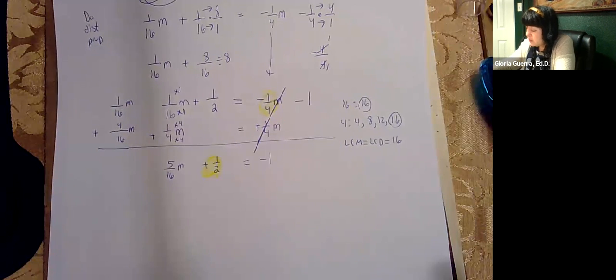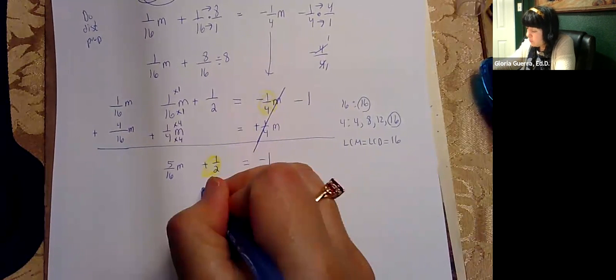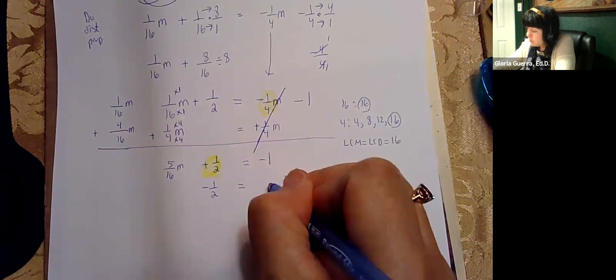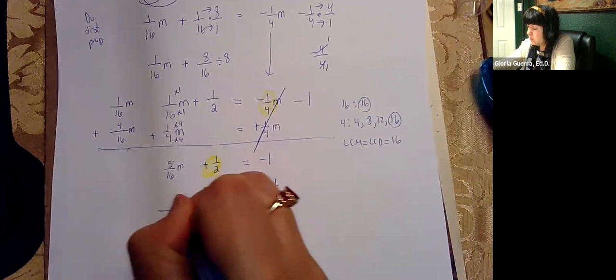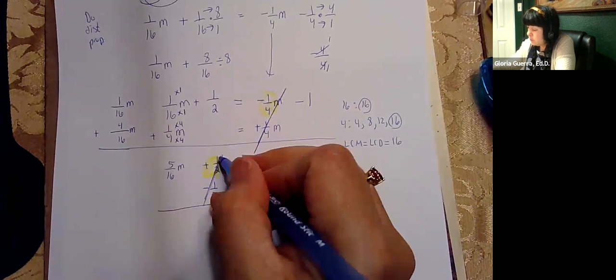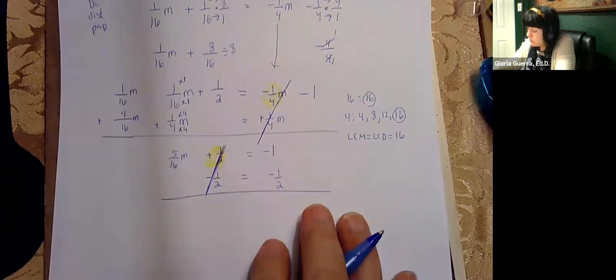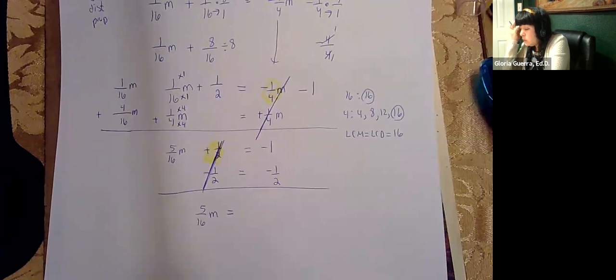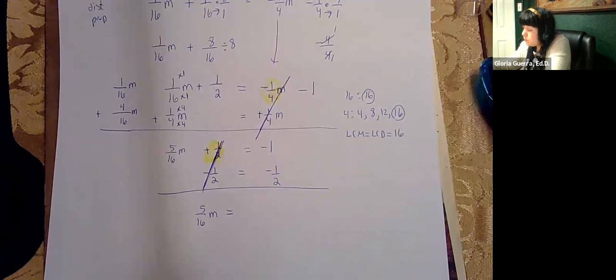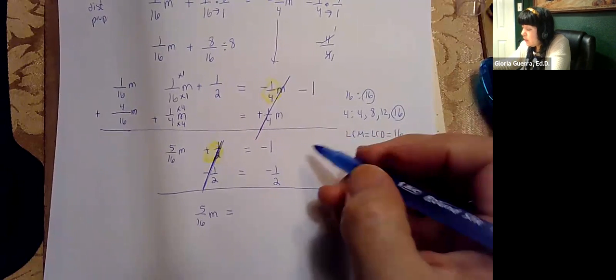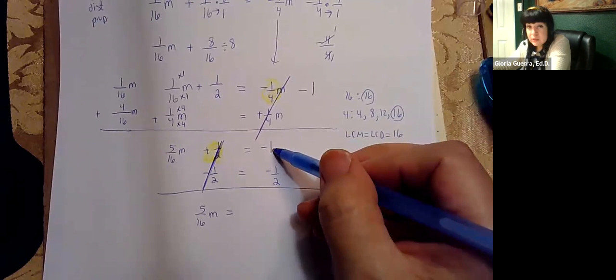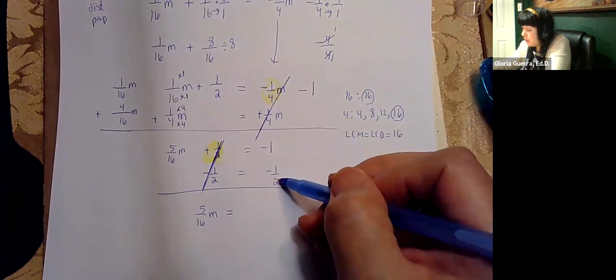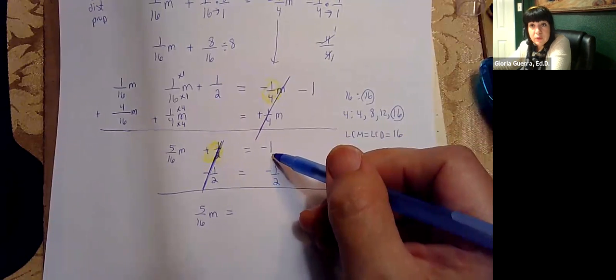Okay, so now we're going to move this over, and we're going to move this on this side. So we're going to subtract 1/2 on both sides. And then this falls out. So you have 5/16 m equals. Okay, so here, when you add a -1 plus a -1/2, that gives you a -1 and 1/2.